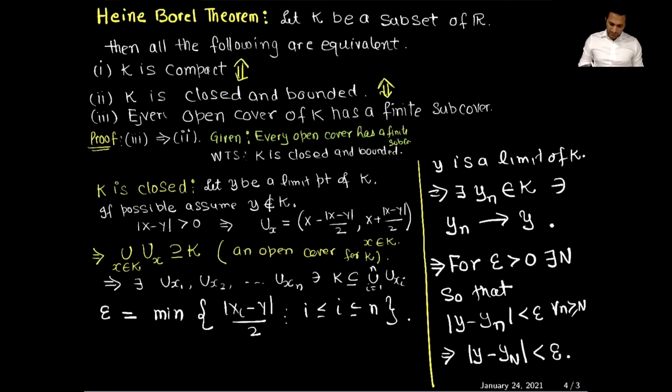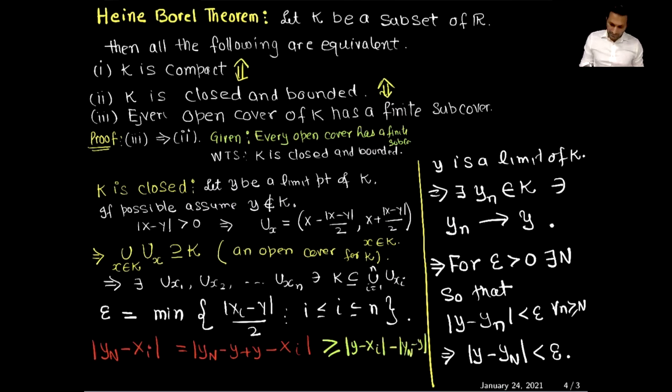So now we notice the distance |y_N minus xi| can be written as |(y_N minus y) plus (y minus xi)|, and this further, by using the triangle inequality, is at least |y minus xi| minus |y_N minus y|.